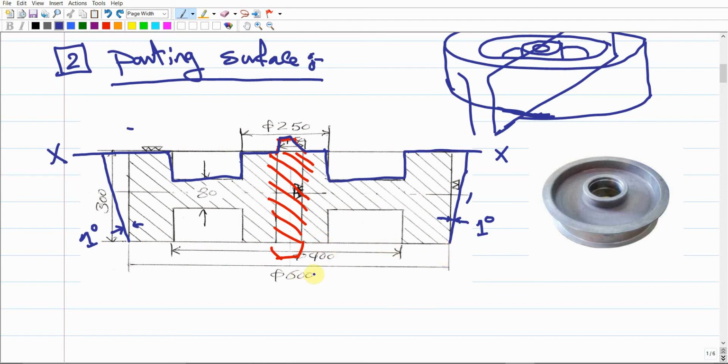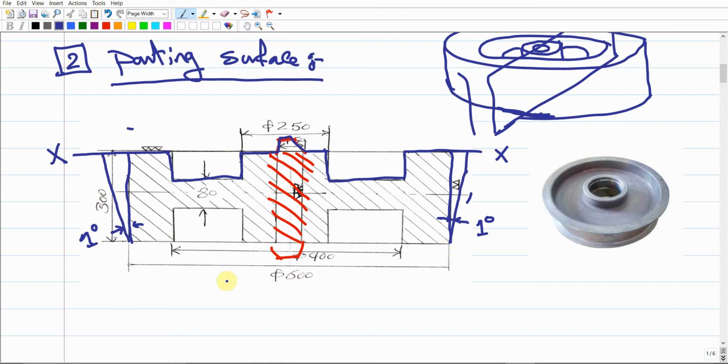For example, it's going to be the 600. The 600 will have two dimensions. The 600 is the dimension that defines the distance between this line and this line, right? Now these two lines are not vertical anymore, and instead they are inclined, tapered with an angle of 1 degree.